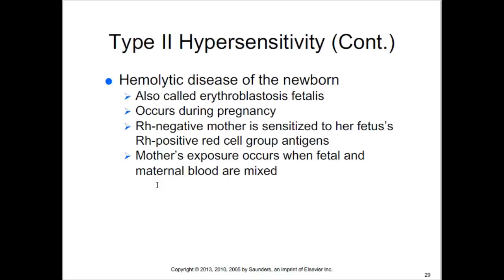However, when they are being born, this is a big bloody mess, and baby's blood is going to be exposed to mama's blood. And mama's blood, because this is a foreign antigen, she does not have the RH factor, it is foreign, she will develop an antibody to that foreign antigen. And first baby is fine. Second baby, third baby, fourth baby, antibodies are much smaller than red blood cells, right?